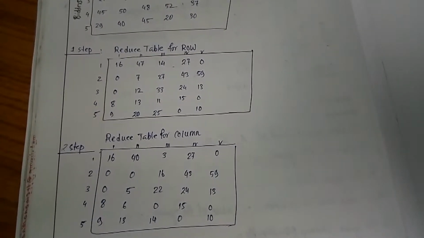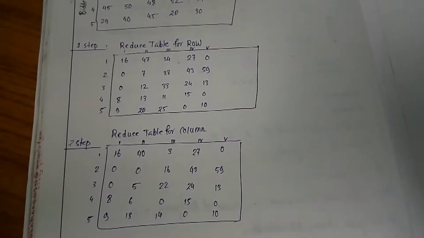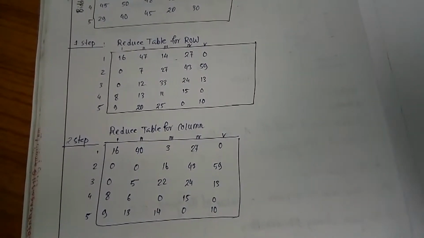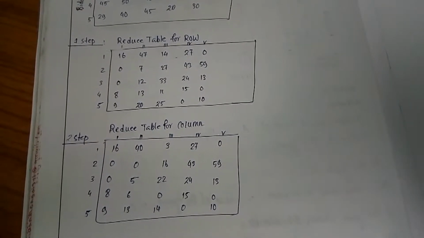You can assign in the very first step. What is the condition? The condition is that if you get at least one 0 in every column, then do the assignment there.